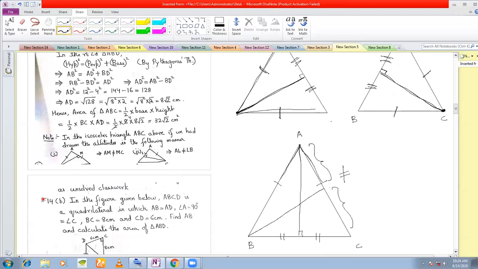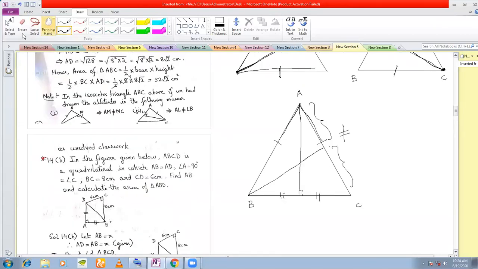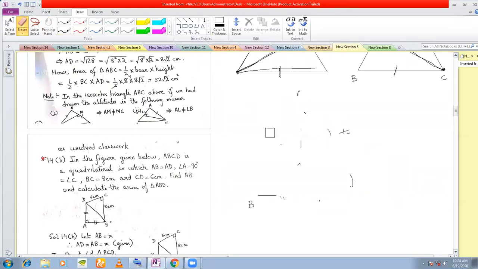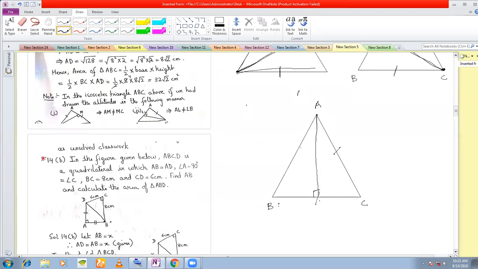But remember, let me draw this once again. If I have an isosceles triangle in which these two sides are equal, and I draw a perpendicular from here on this side, then these two will not be equal.